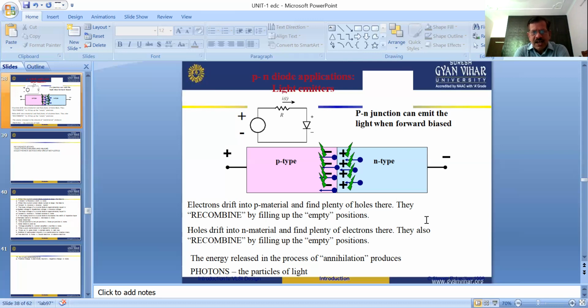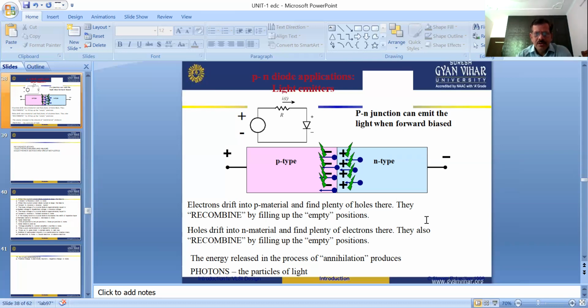We form a circuit diagram with these and easily convert the AC signal into DC signal with the help of the diode circuit. So this is the very important role of the PN junction diode in rectification, and this is its main application.